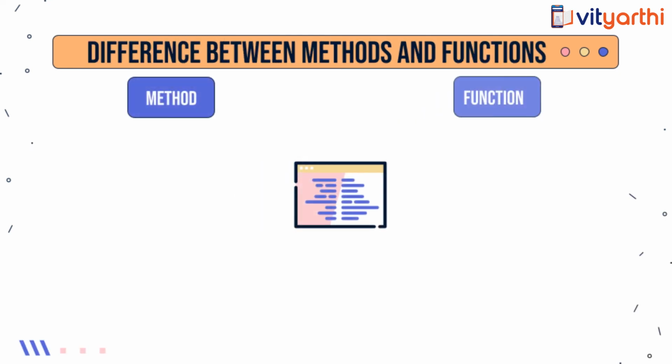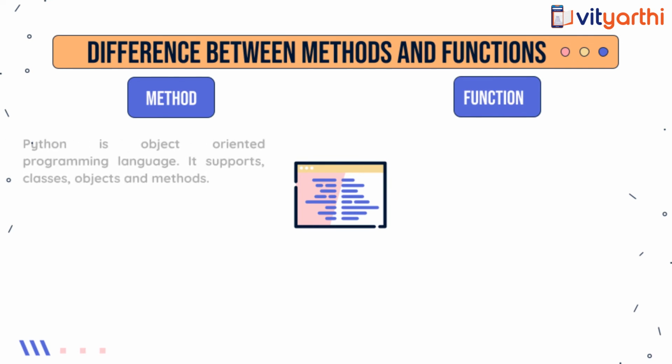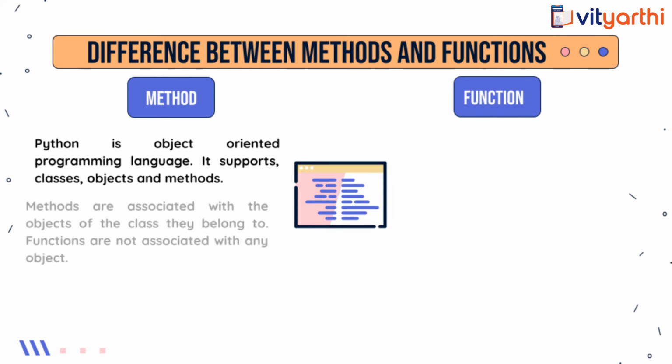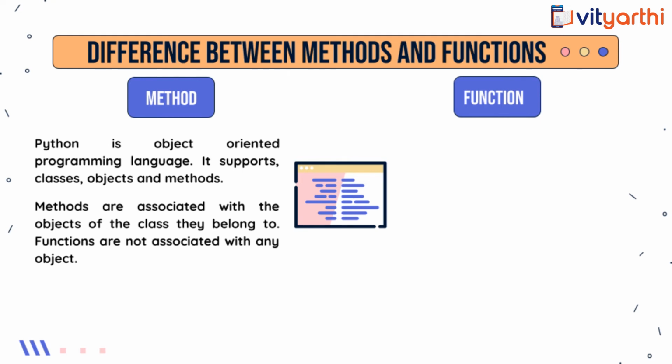Before moving further, you need to understand the difference between methods and functions. Python is object-oriented programming. It supports class, objects, and methods. Methods are associated with the objects of the class they belong to. Functions are not associated with any object.